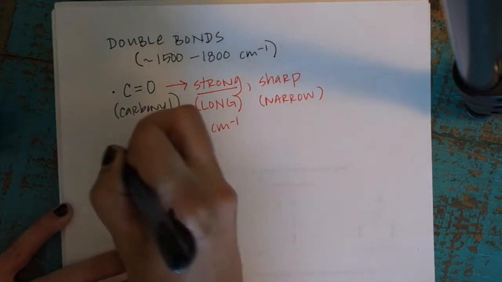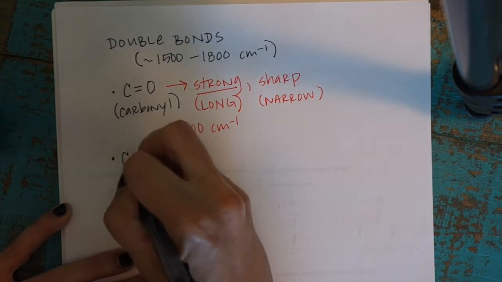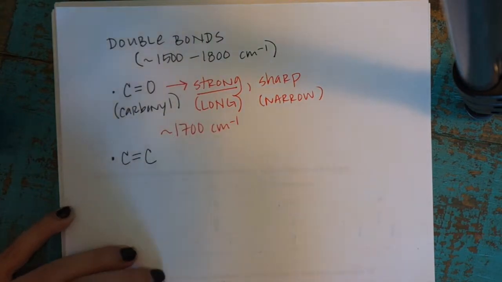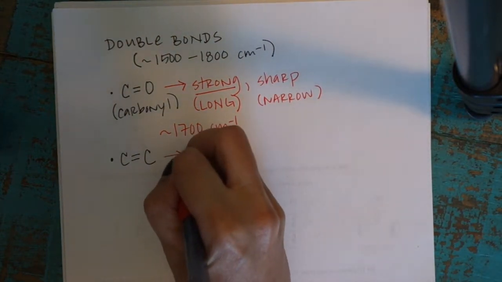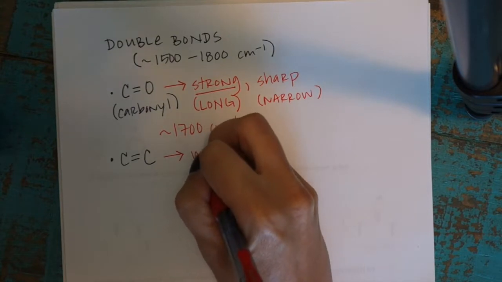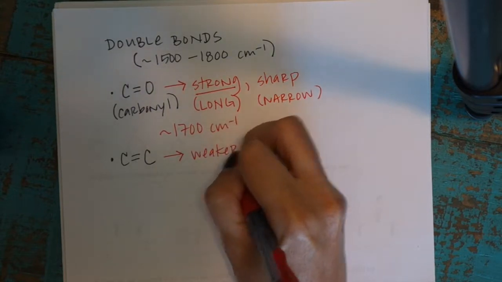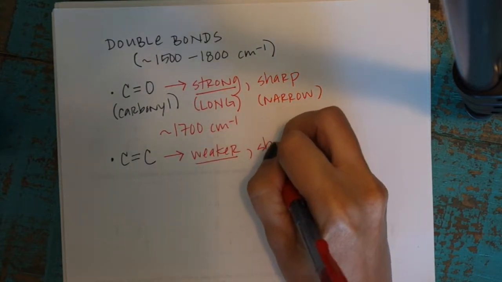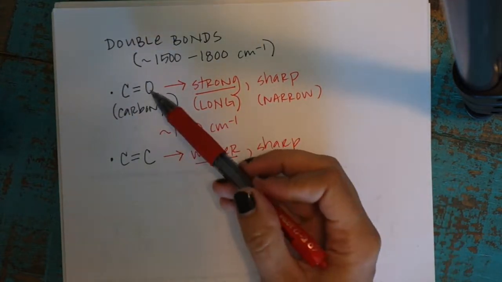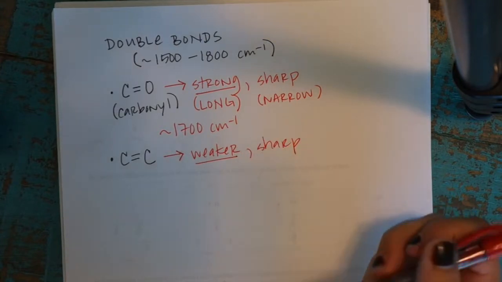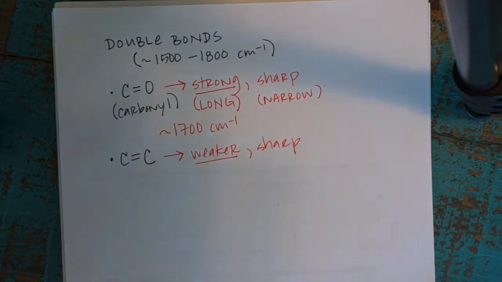Okay, so the next type of double bond that you'll see pretty commonly is a CC double bond. And so these ones are also going to be sharp, but they're going to be weaker than a carbonyl. They're still going to be very sharp, and they're going to be not as strong. So oftentimes if you have both, one will be a little weaker than the other, but not always.